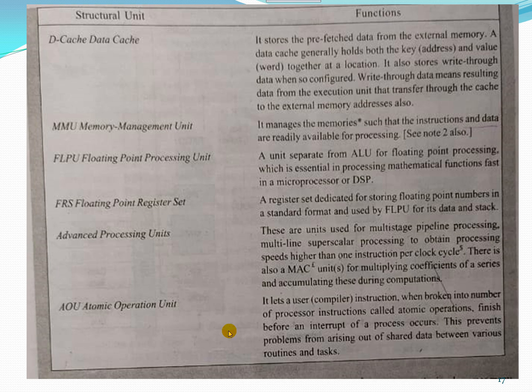And superscalar processing is a very important processing unit where we will be having multiple processing units for multiple blocks of instructions. So we can segregate the program around a particular task or process into blocks of instructions.